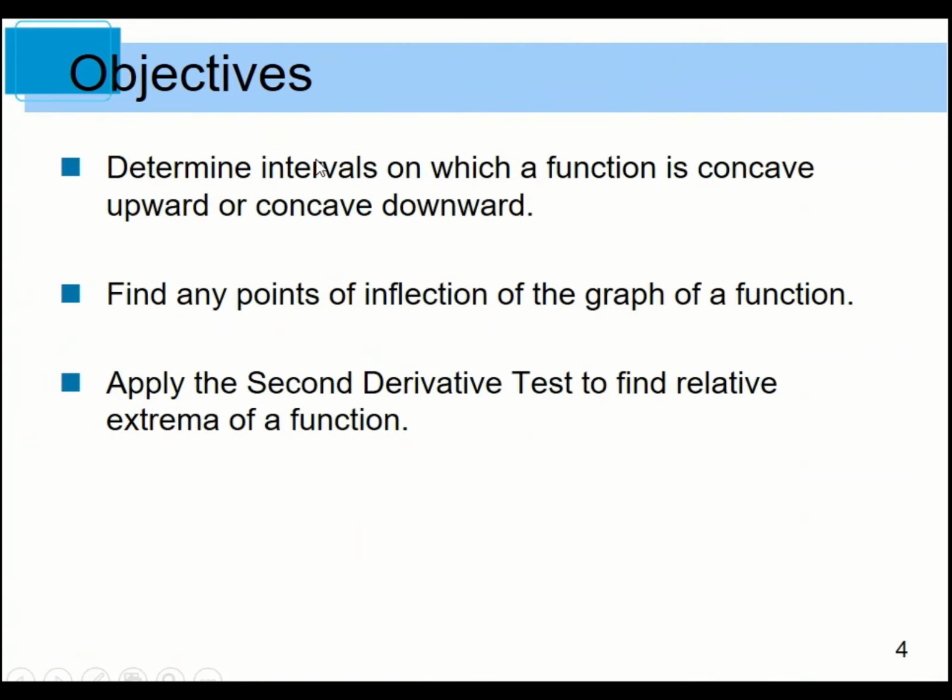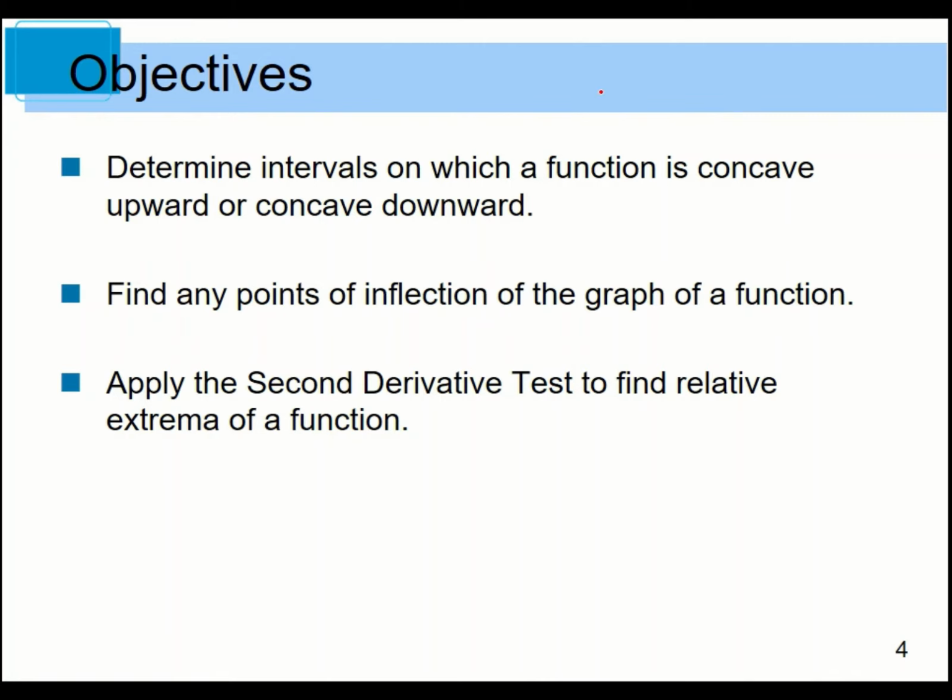In this lesson, we are going to learn the second derivative test and the concavity. These are the three objectives of this lesson. The first one is to determine the interval on which a function is concave upward or concave downward. What is concave upward?